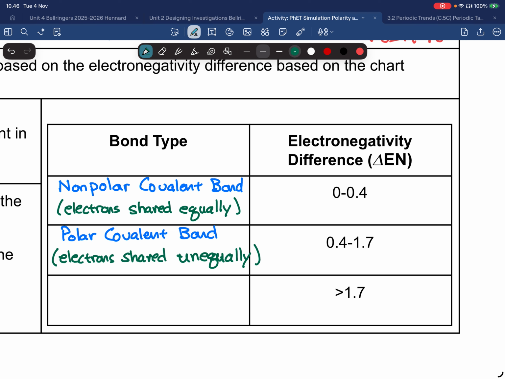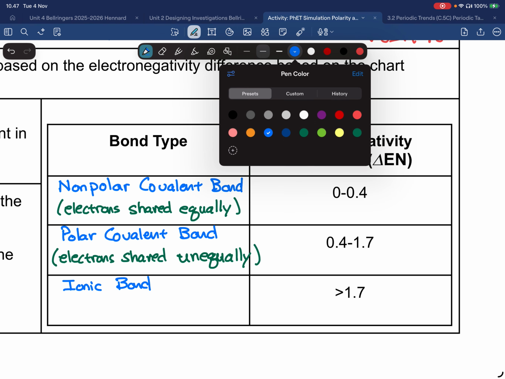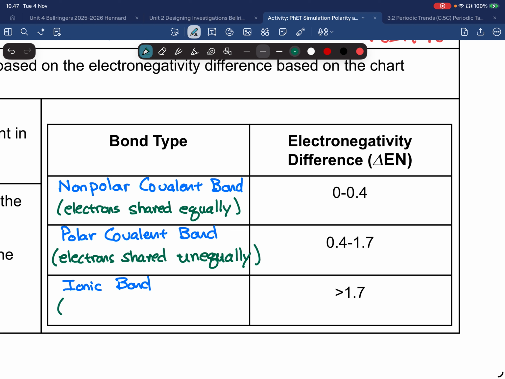And if you have an electronegativity difference of greater than 1.7, you have an ionic bond. In an ionic bond, you have a cation, or a positive atom, and an anion, or a negative atom.